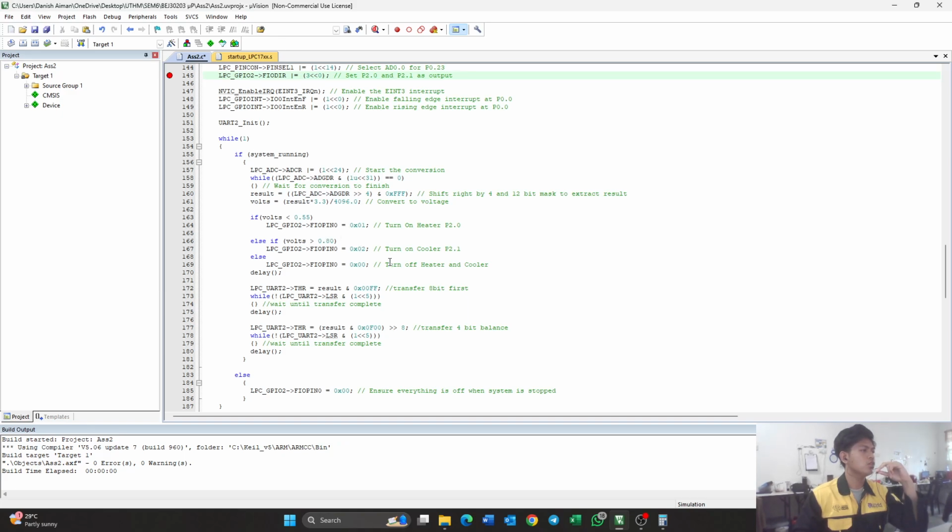Next, the cooler will turn on for a voltage over 0.8, which is more than 80 degrees Celsius. In between 55 and 80 degrees Celsius, the cooler and heater will be turned off because this is the temperature that we need to keep.